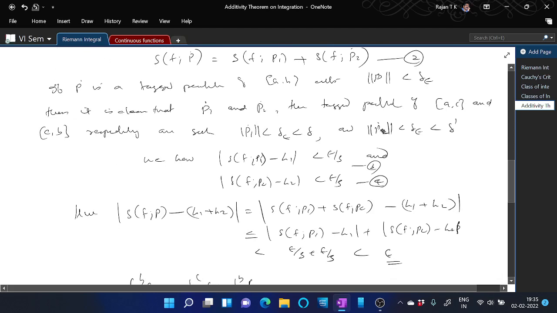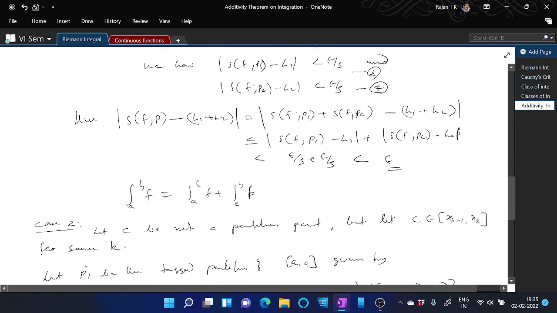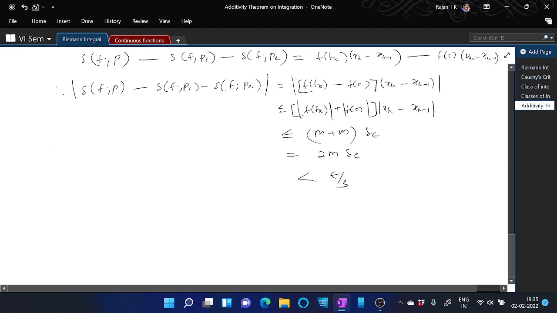That is, delta epsilon is less than epsilon divided by 6M, from this 2M into delta epsilon is less than epsilon by 3.